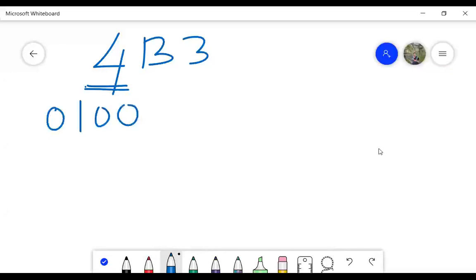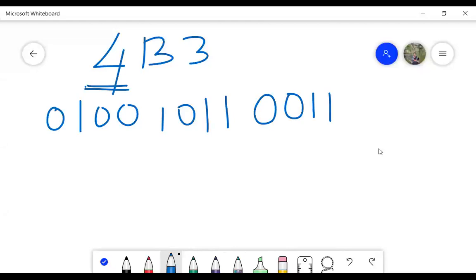B in hexadecimal will be equal to 1011 in binary. 3 in hexadecimal will be equal to 0011 in binary. What is told? 1 digit in hexadecimal system will be equivalent to 4 bits in binary.